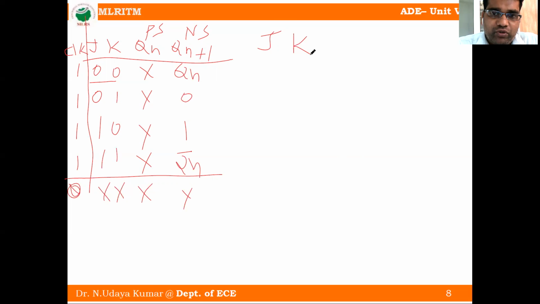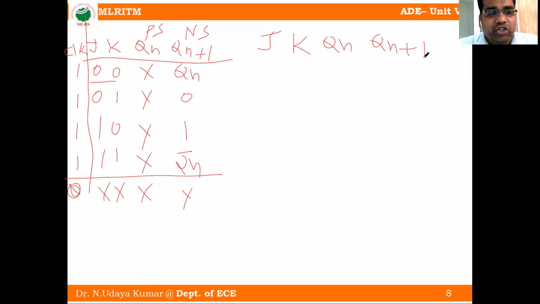Present output means Qn. Qn is fed back to the input, so that is also an input. So how many inputs? J, K and Qn, 3 inputs, right? Then what is the next state? Next state means Qn plus 1.